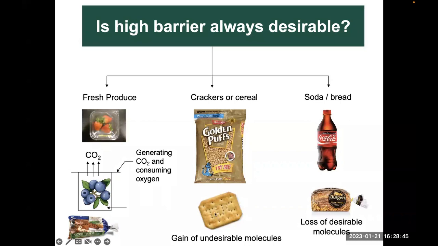There are a couple more packages right here. You have the example of crackers or cereals. Now, the crackers or cereals are packaged inside a polyolefin kind of bag right here.